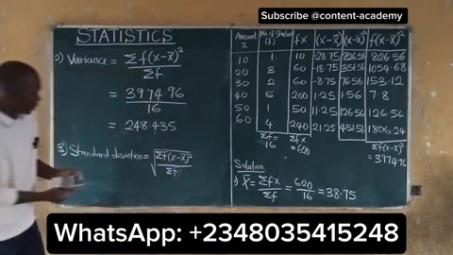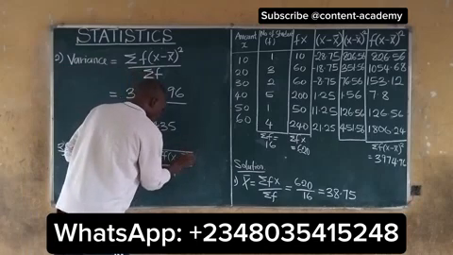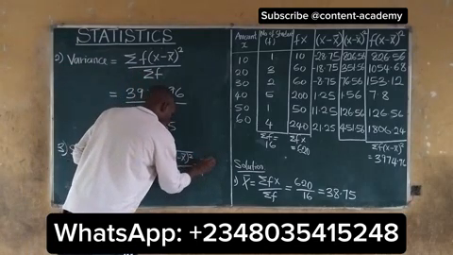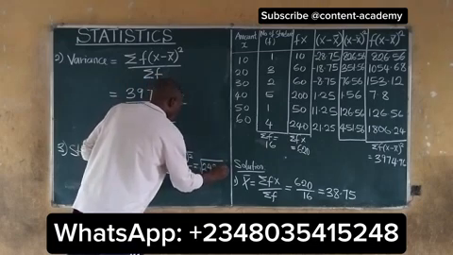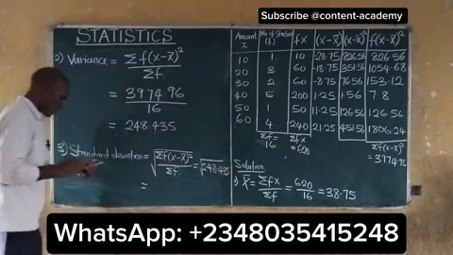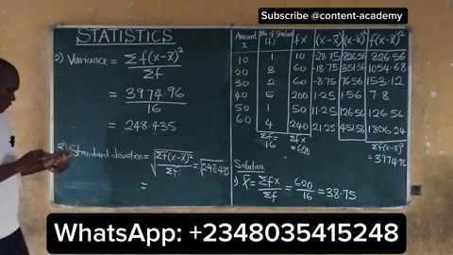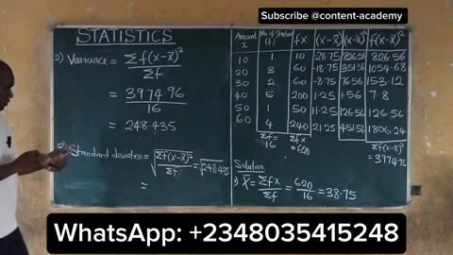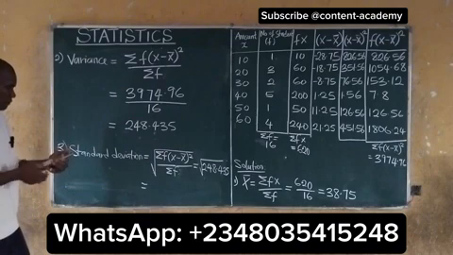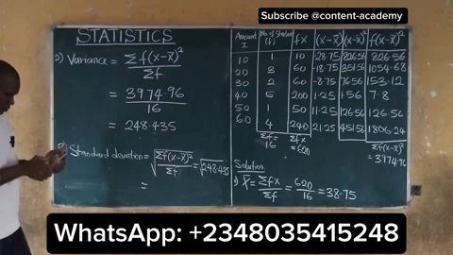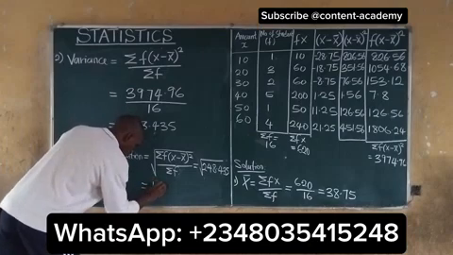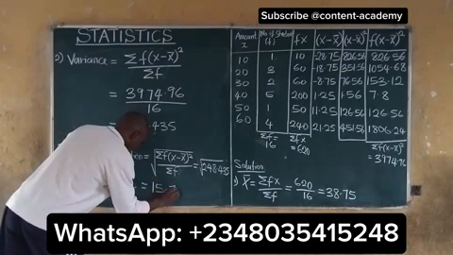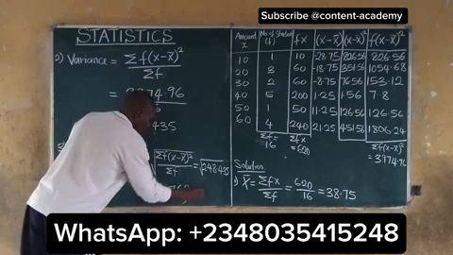Now, the standard deviation is equal to the square root of the variance, which we got as 248.435. So the square root of 248.435 is 15.762.